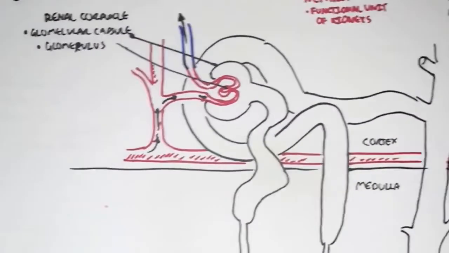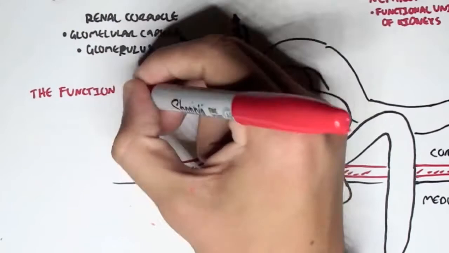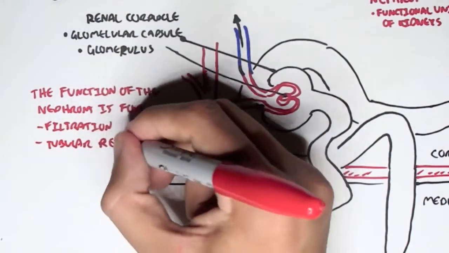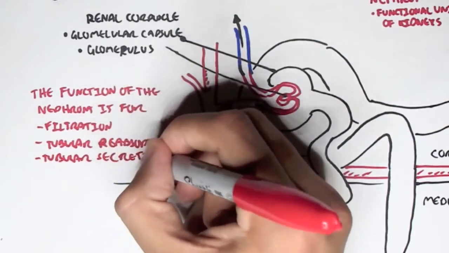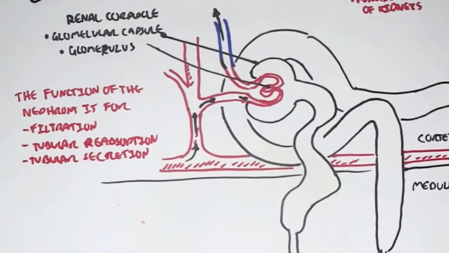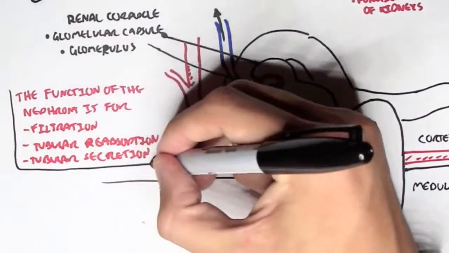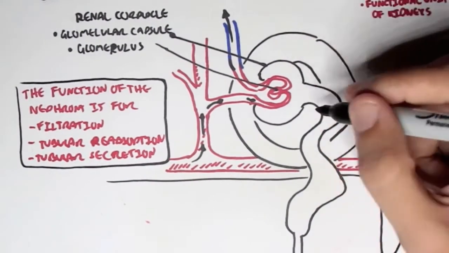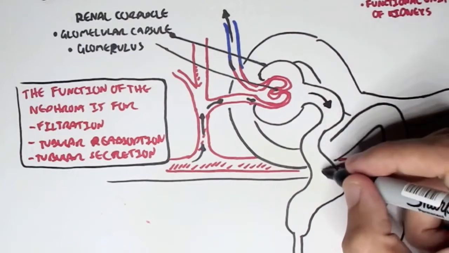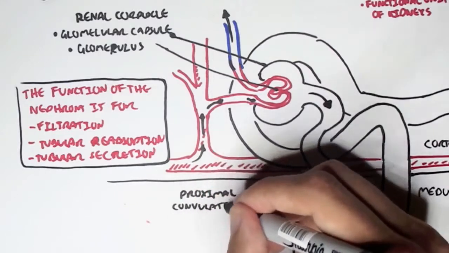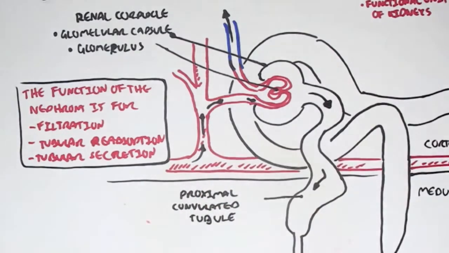This blue thing. Now the function of the nephron, as I mentioned, is for filtration, tubular reabsorption, and tubular secretion, which occurs all along the nephron, except filtration, which occurs at the glomerulus. So let's just say when the afferent arterioles brings blood to the renal corpuscle, the glomerulus will then do filtration, and then all the substances and water will then travel down through the nephron.